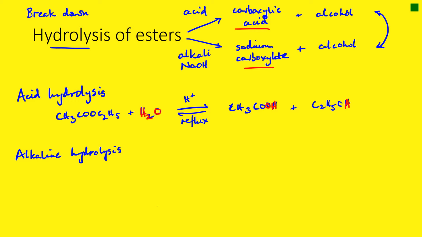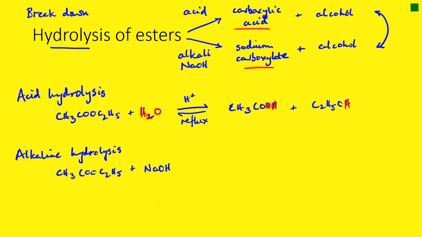So we don't get the equilibrium mixture, we get just products made. So let's do a little example here. Let's do ethyl ethanoate. So ethyl ethanoate is CH3COOC2H5 like we had before, but in this case we're going to add sodium hydroxide.